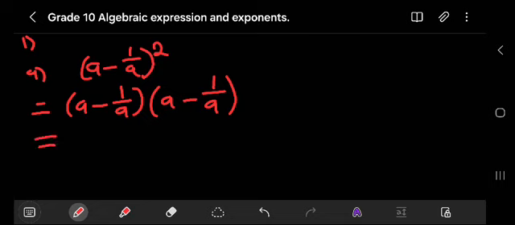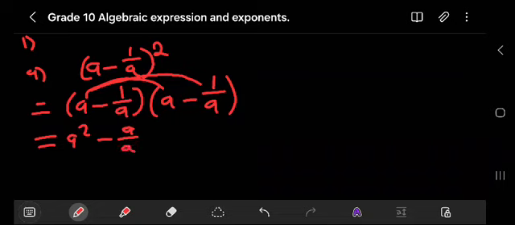Then you distribute, guys. A multiplied by the first A will be A squared, right? Then you come again, A multiplied by minus 1 over A, remember there's a negative, will be minus A over A, right? Are you with me?